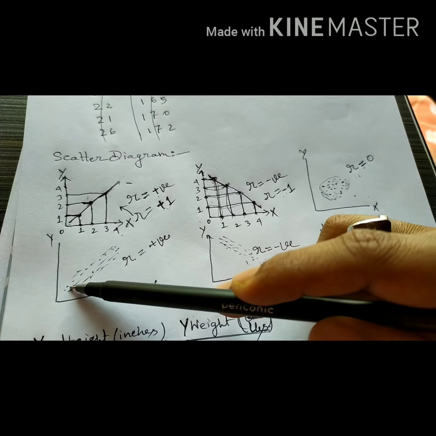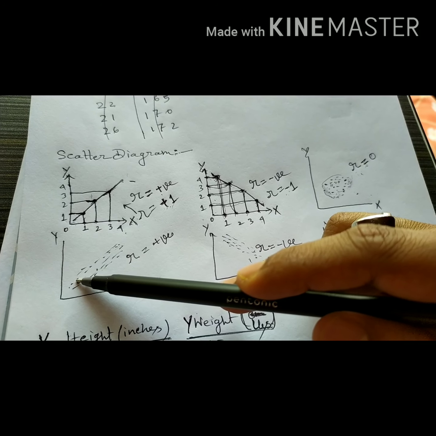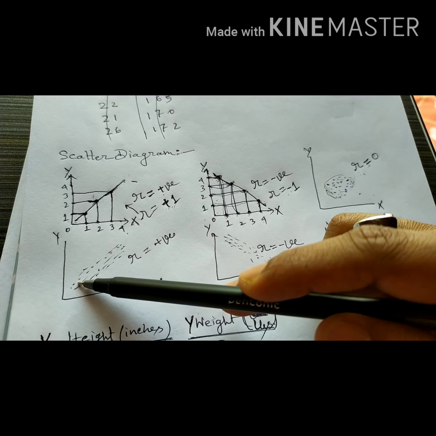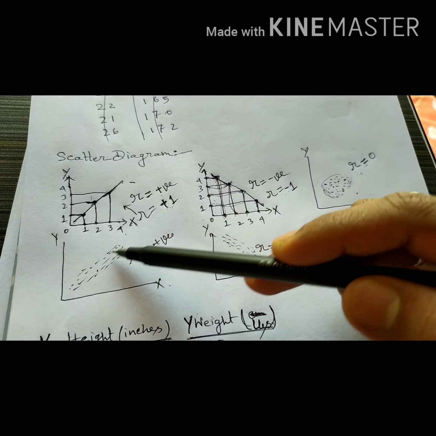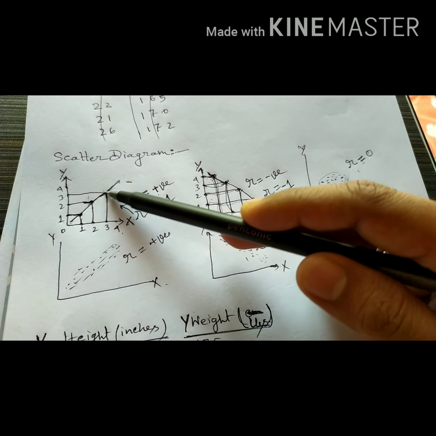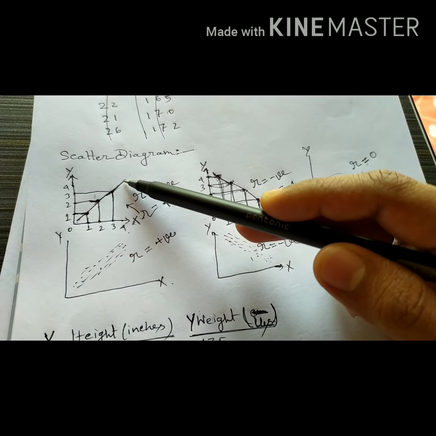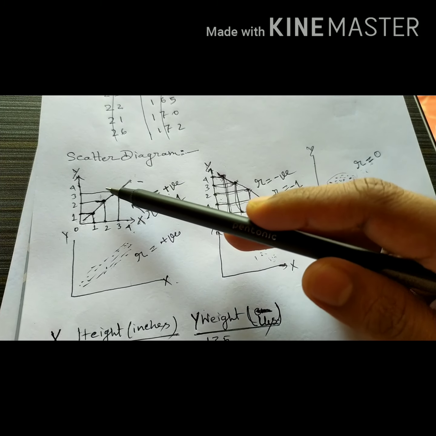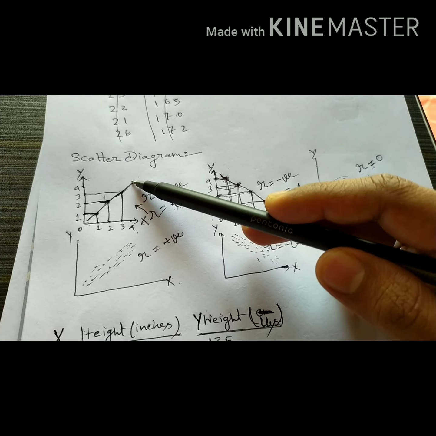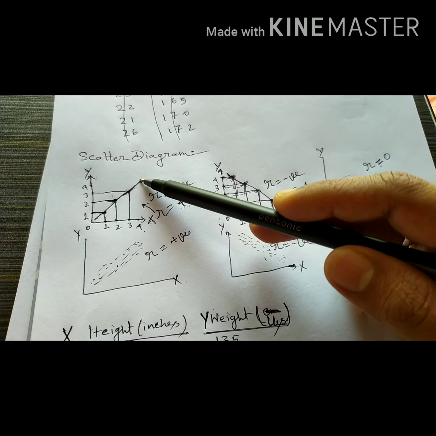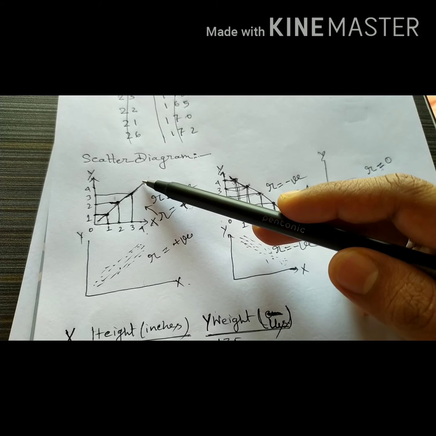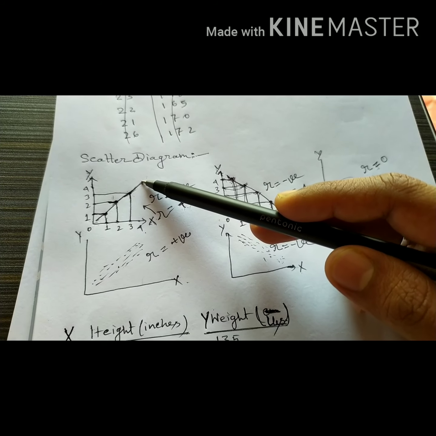Correlation is positive. From the bottom left corner to the top right corner, if we draw any particular line, then the relationship between x and y is positive. In other words, you can say the association between the variables is direct.